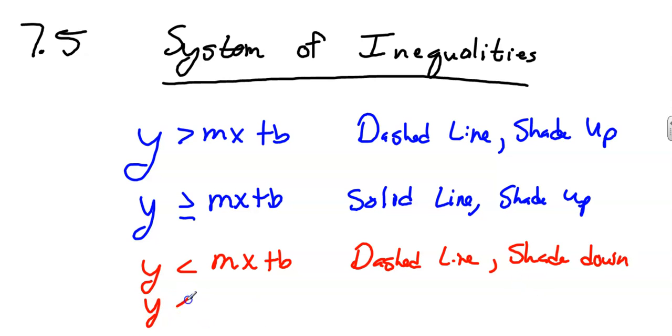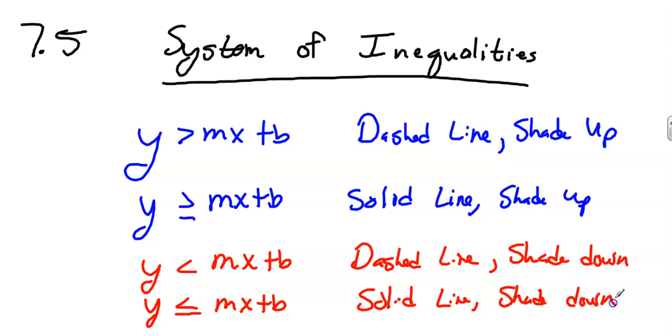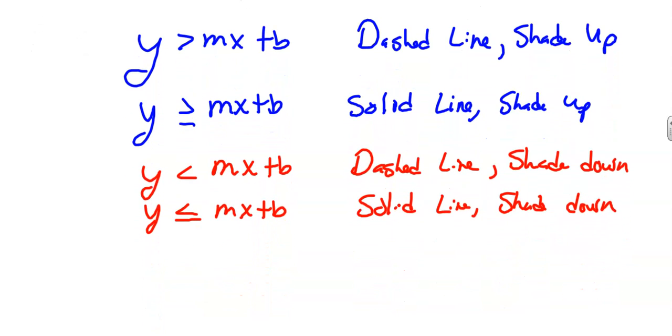And if it's y less than or equal to mx plus b, solid line, and then still shading down. Now, that's the basics of it.